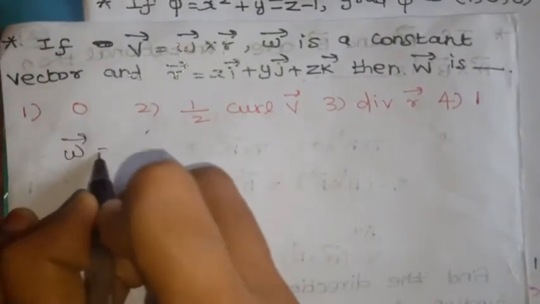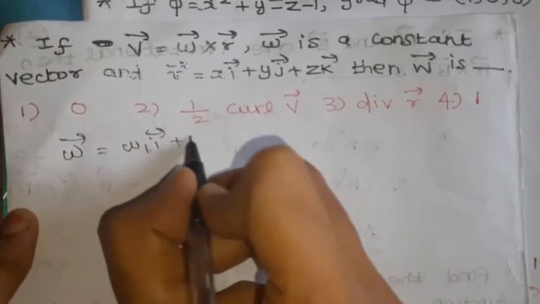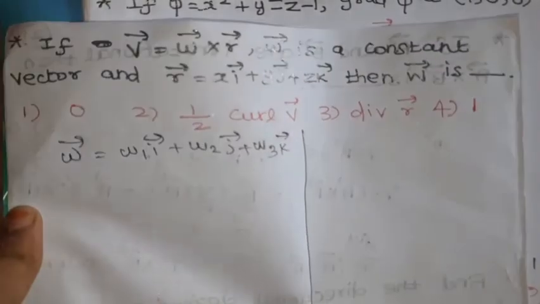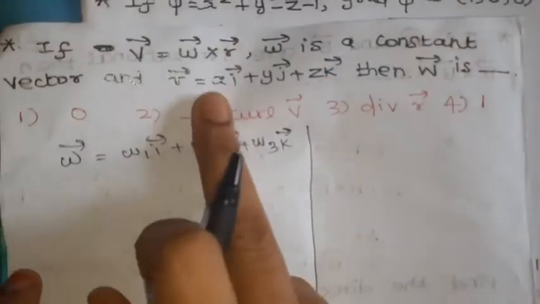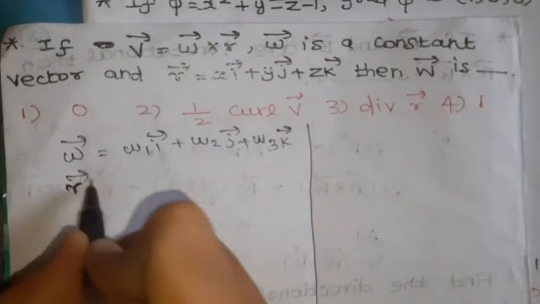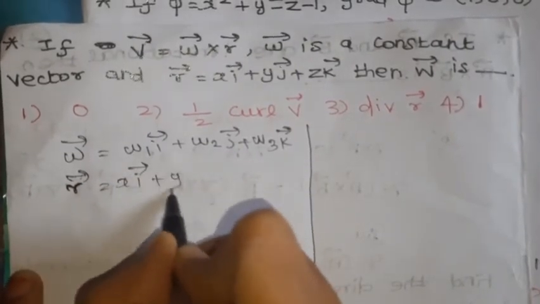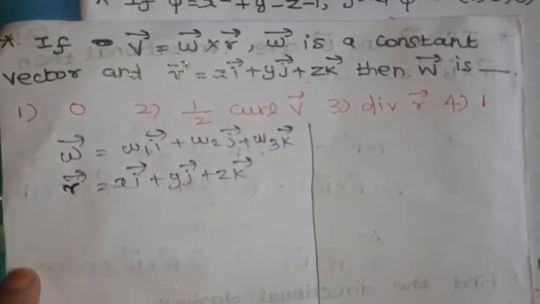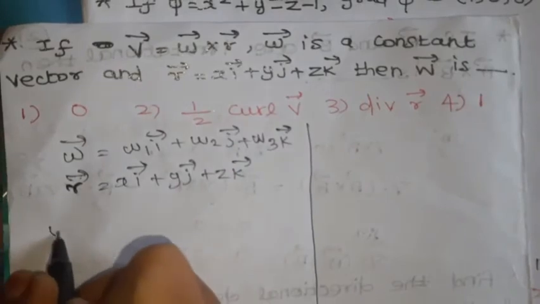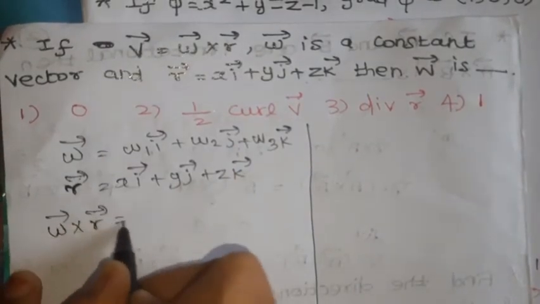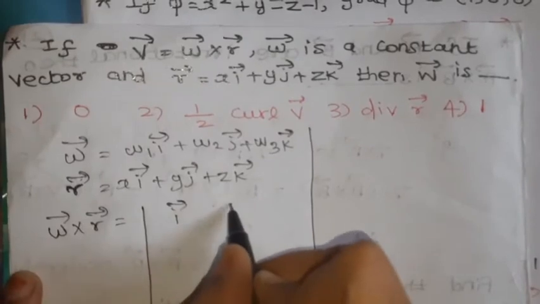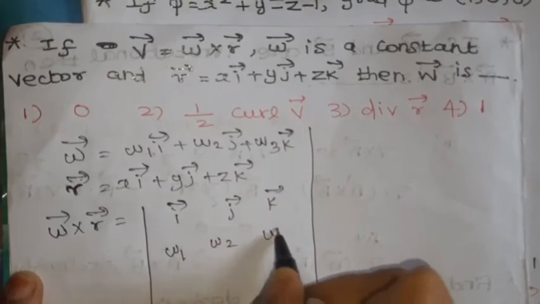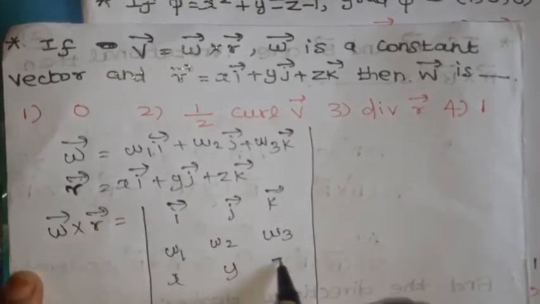So let w equal w1i plus w2j plus w3k. Then what is r? r is equal to xi plus yj, this is a standard one, plus zk. So now we are going to find out w cross r, using the IJK method: i, j, k, then the w terms w1, w2, w3, then x, y, z.